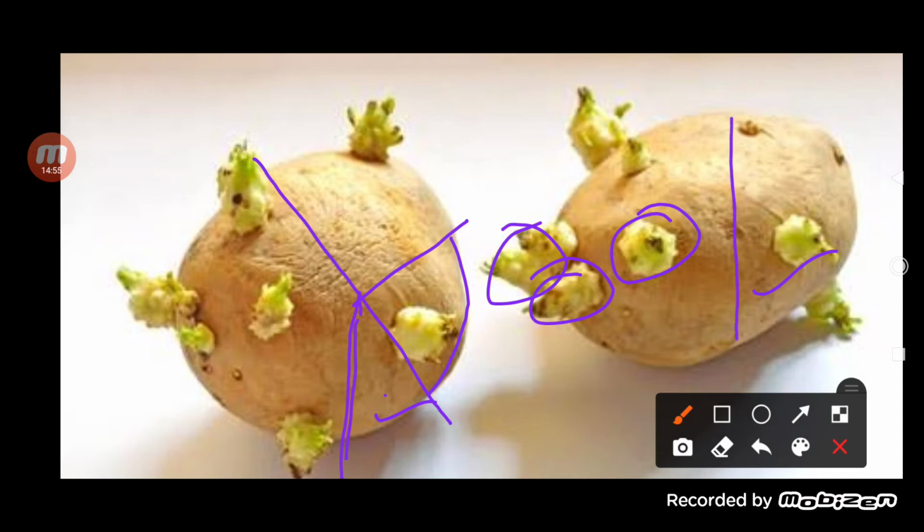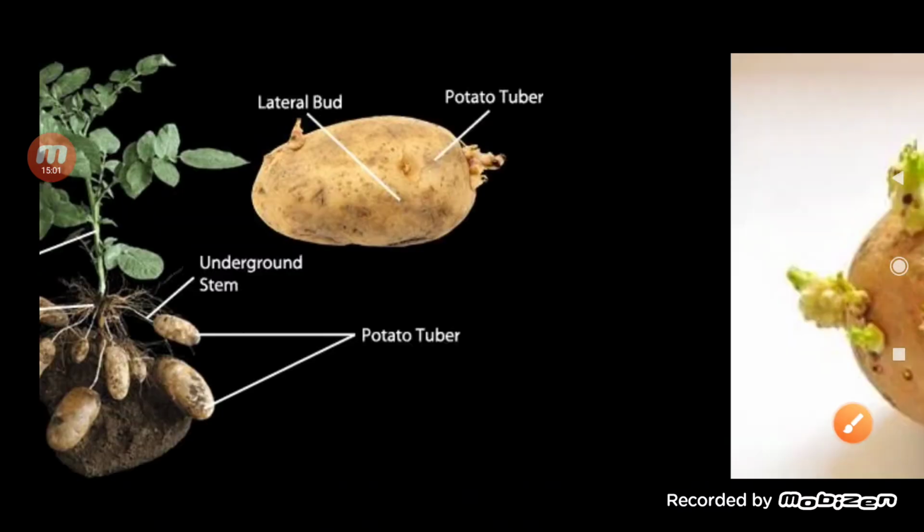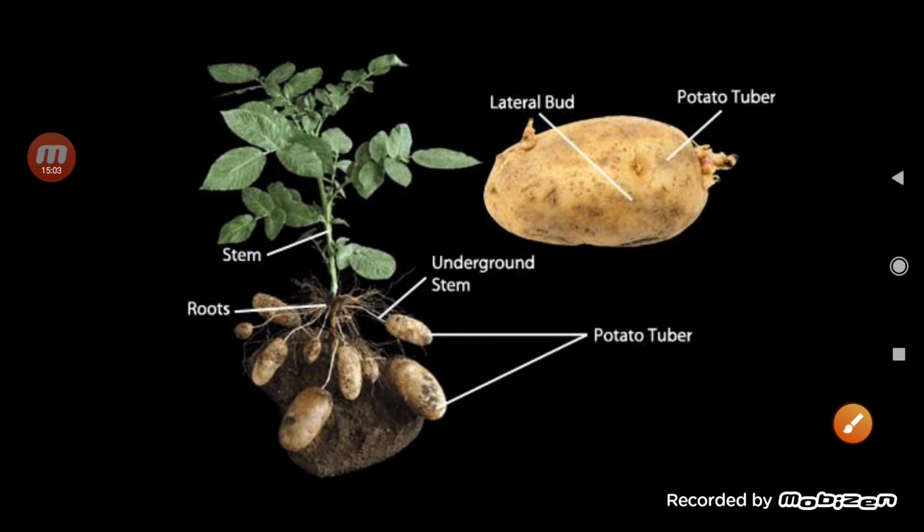So if we cut it in such a way that one piece contains a bud and the other does not, and when we keep them on the cotton, what we will find, student, these are the buds only, this is the potato tuber only, is that the root as well as the shoot start coming out of it.